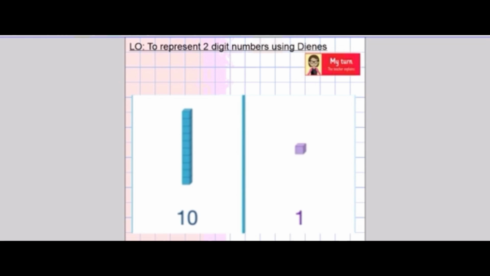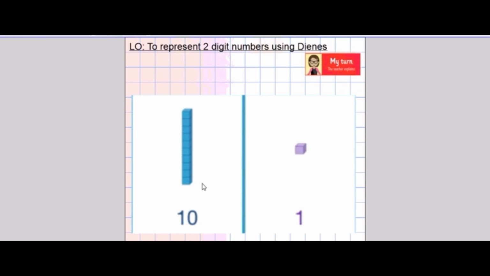Our learning objective is to represent two-digit numbers using Deans. Now, you probably have not heard of the word Deans before. It's similar to Numicon, however, it only represents tens, as seen here. So it's a tall tower made up of 10 cubes, all in one, and ones, individual little cubes.